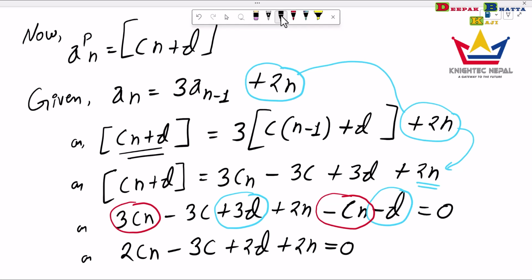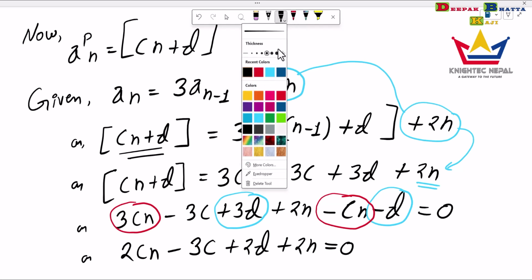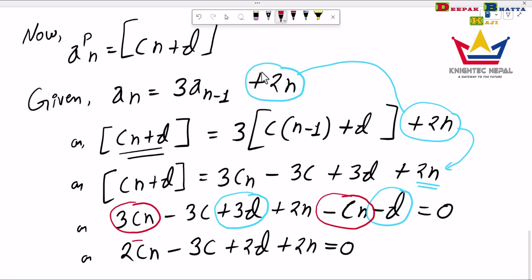So we are subtracting 3Cn with minus Cn, so 3Cn minus Cn, that is 2Cn. So we got this 2Cn, and 3d minus d, we got 2d.